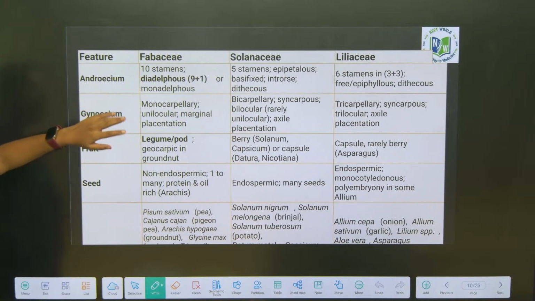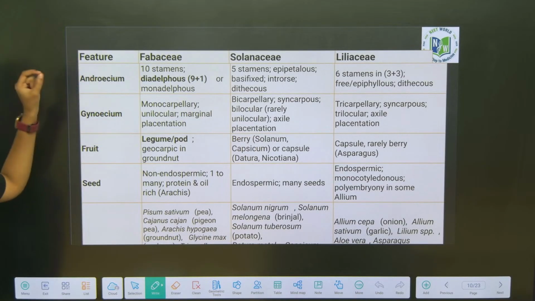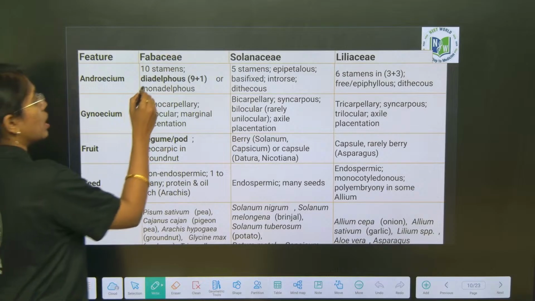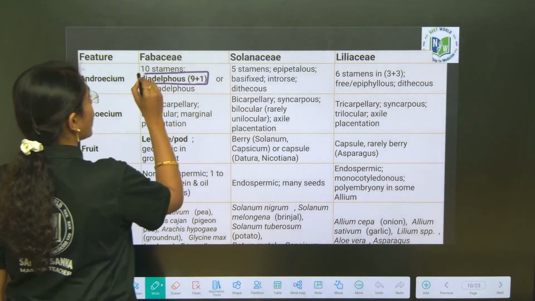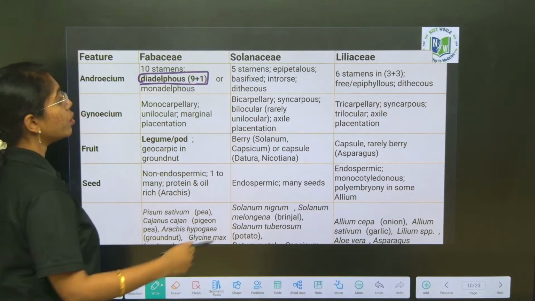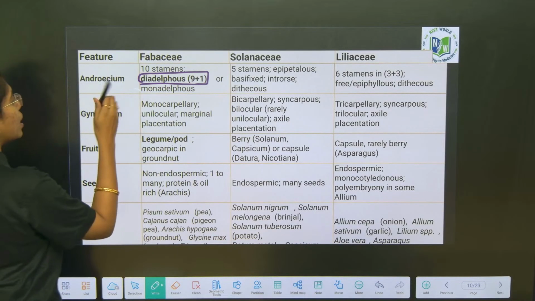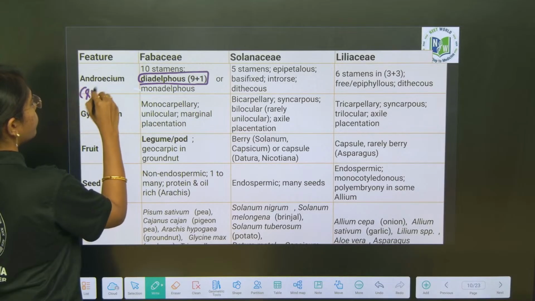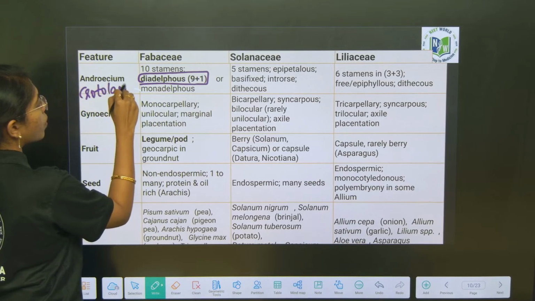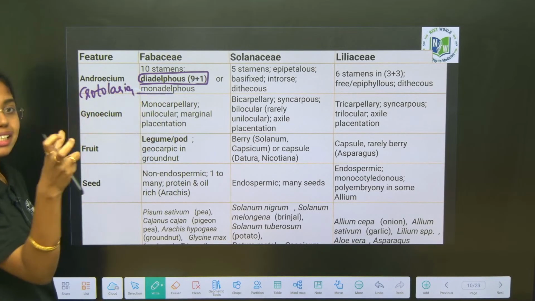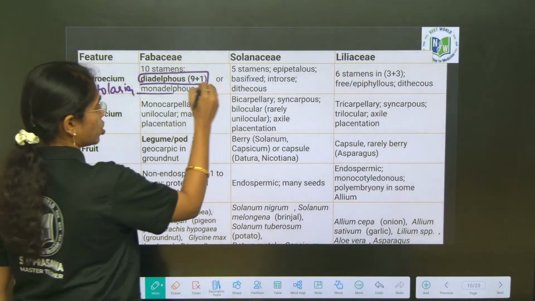Next, androecium: 10 stamens, which shows diadelphous condition. Diadelphous condition is characteristic of Fabaceae members. A few of them will also show monodelphous condition. An example is Crotalaria. Monodelphous condition means all stamens are in a single bunch.